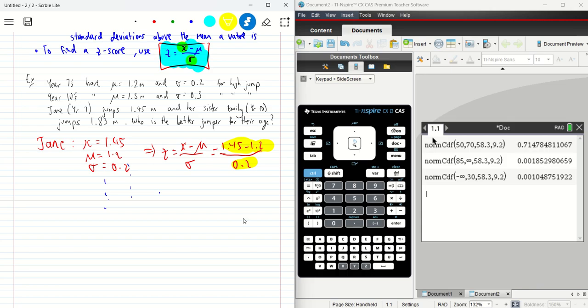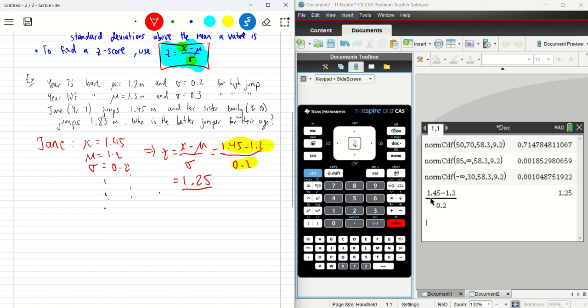I'll put that into the calculator, because I can't do that in my head. 1.45 take away 1.2 over 0.2 equals 1.25. So that means Jane is 1.25 standard deviations above the mean.